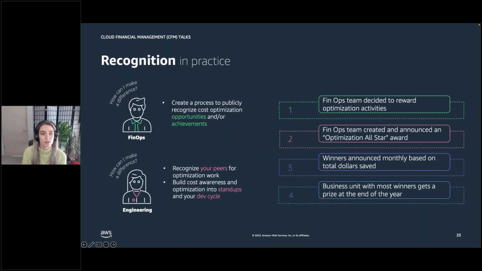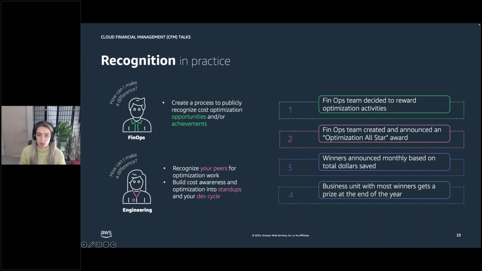So one example of what we've seen a customer do, Lisa, if you can go to the next slide, is develop a recognition award program and implement it across the organization. In this example, the central FinOps team decided to reward these optimization activities, and they created what they called an Optimization All-Star Award. The winners were announced monthly based on total dollars saved per business unit.